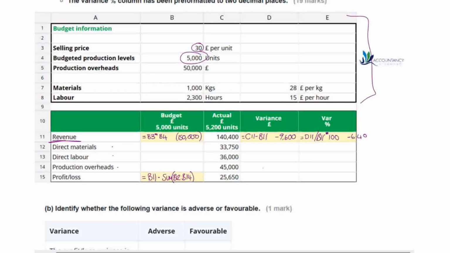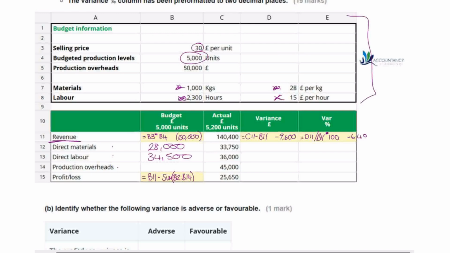So direct materials then, so the budget is going to be our materials. So we've got 1,000 kilos at £28 per kilo. So it's 1,000 kilos times 28 gives us 28,000. Our direct labour is 2,300 hours multiplied by £15 per hour, which gives us 34,500.